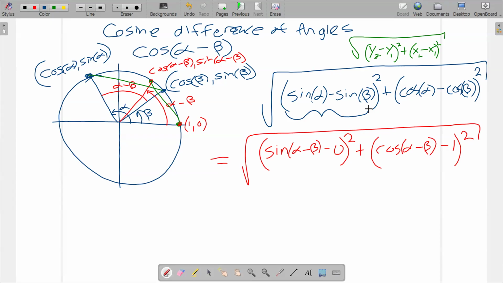We are going to need to square this difference. That means we have to multiply this by itself. What are you going to get when you multiply that by itself? Okay, do it.